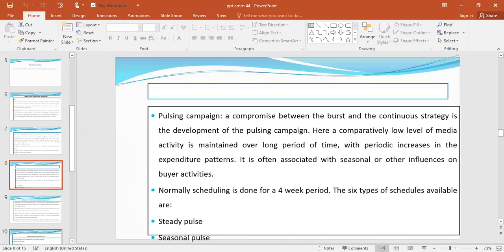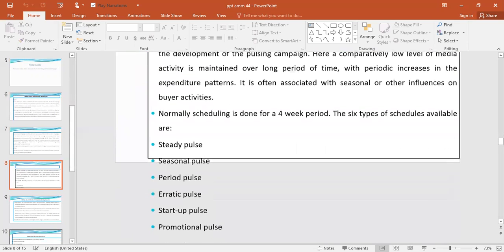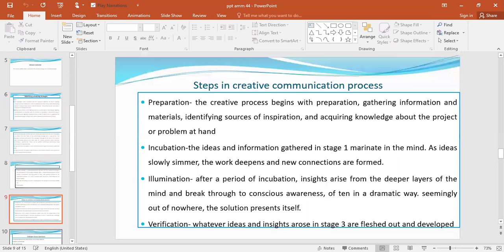It is often associated with seasonal or other influences on buyer activities. Normally, scheduling is done for a 4-week period. The 6 types of schedules available are steady pulse, seasonal pulse, period pulse, erratic pulse, startup pulse, and promotional pulse.